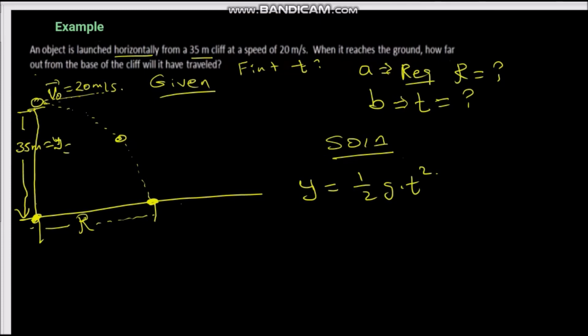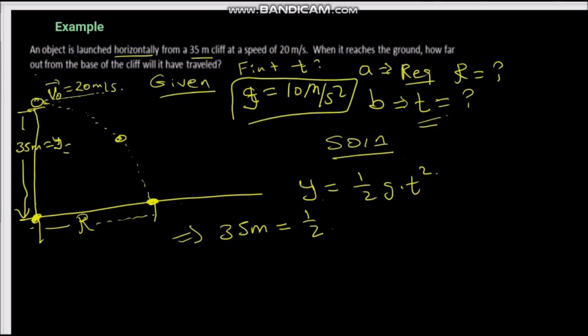If you use this equation, you can find time. Let's find it. Y is 35 meters, equal to 1 over 2 times g. Let us take g as 10 meters per second squared. Sometimes take g as 10 meters per second squared.